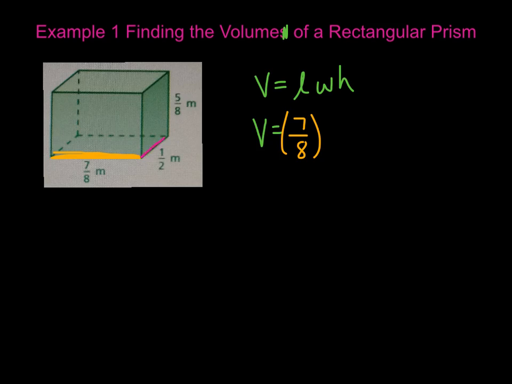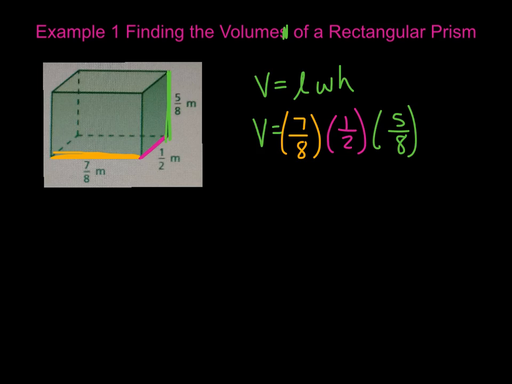So this happens to be my width, and it's 1/2. So I'm going to multiply that by 1/2. And my final one is my height, which happens to be right here. My height is 5/8.